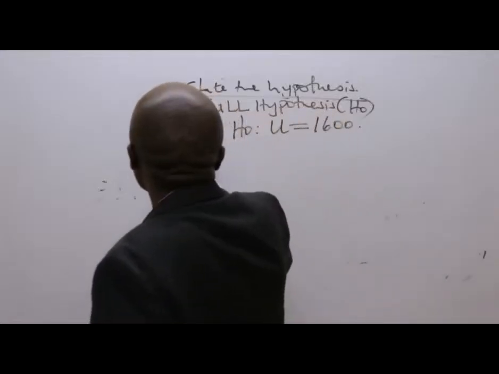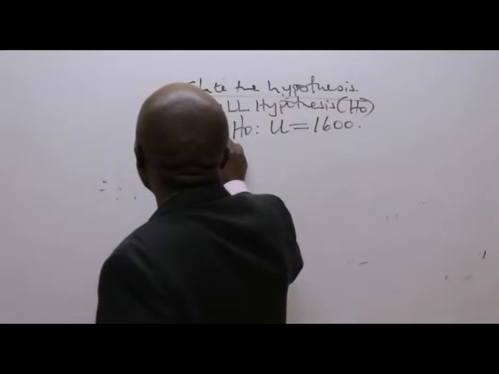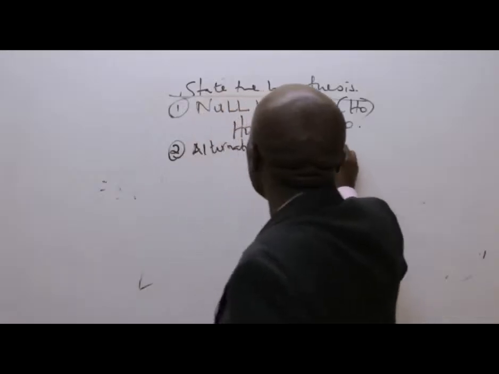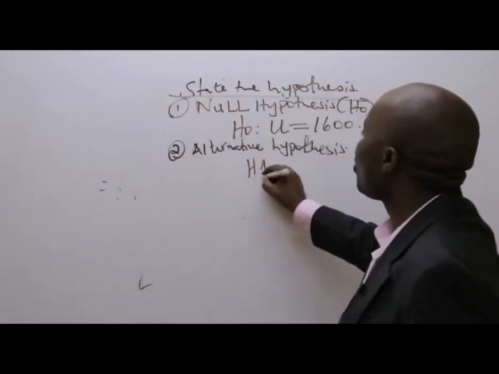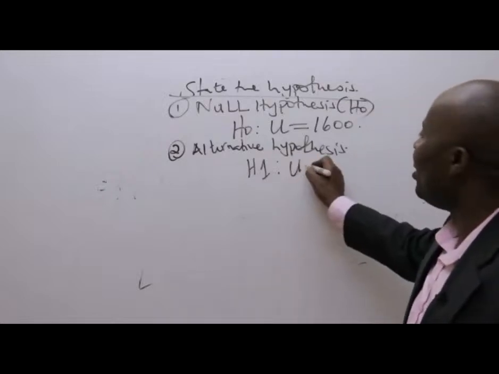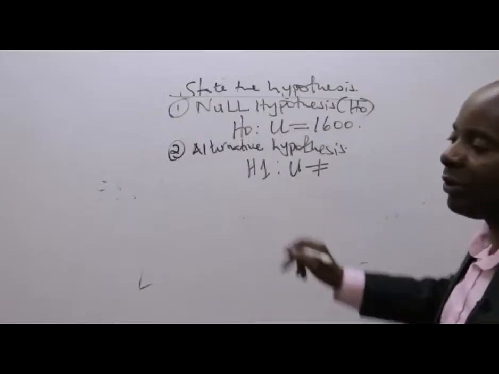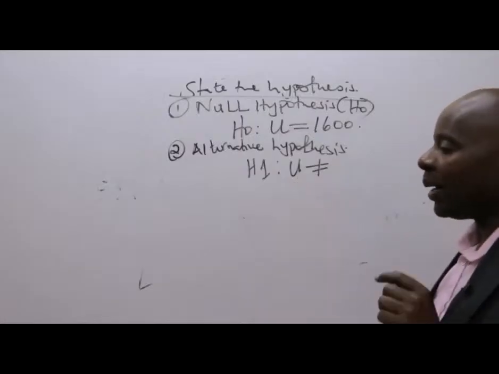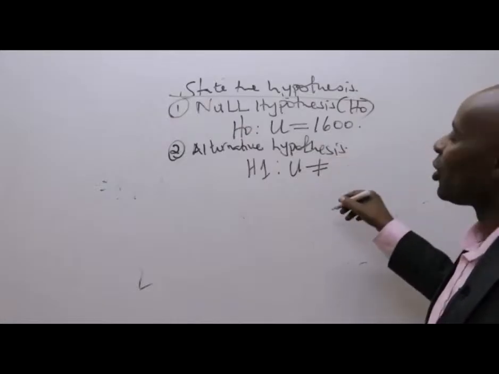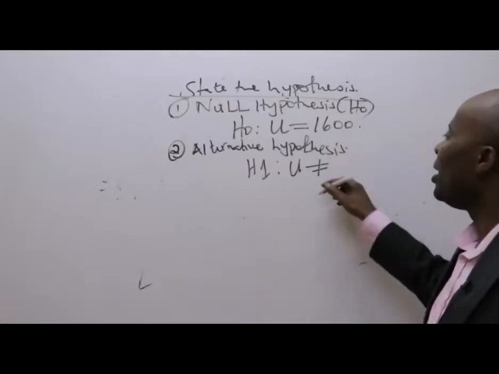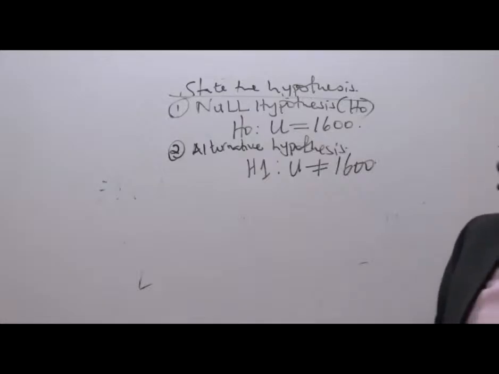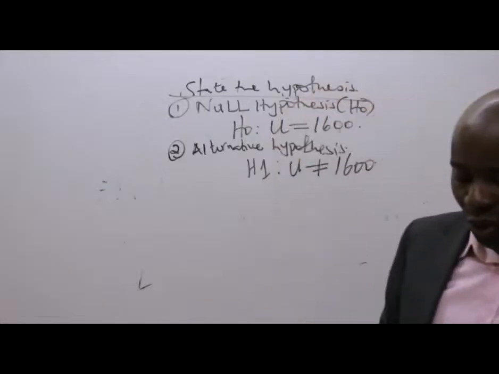So, ladies and gentlemen, we have what we call the alternative hypothesis, which we shall be denoting as H1. Mu stands for the mean. Our lifetime here could either be more or less than 1600. So in this case, our population mean is not equal to 1600.